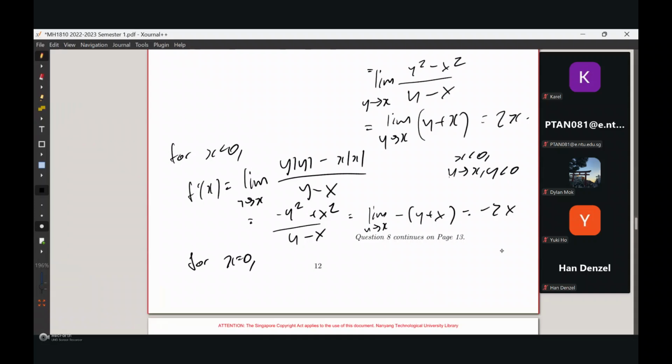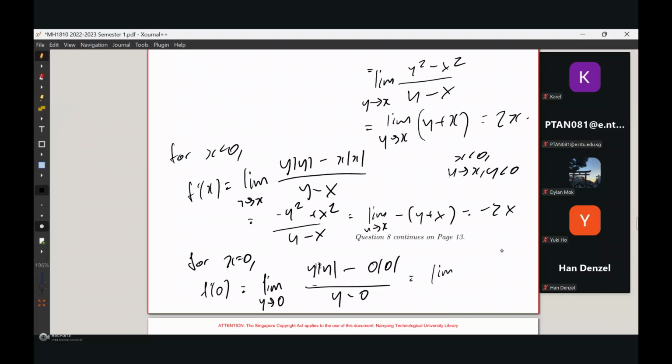Go ahead and find the limit. So this time we have y approaching 0, so f prime 0. No need to put x already because I know it's 0. So y absolute of y minus 0 absolute of 0 over y minus 0. Then here you should get the limit of y approaching 0 of absolute of y, which is 0.